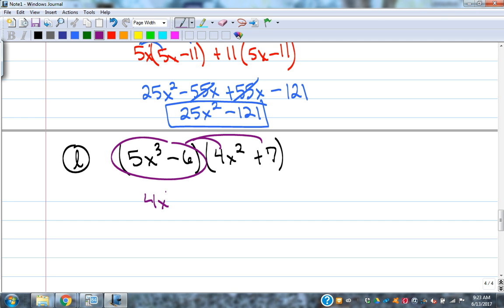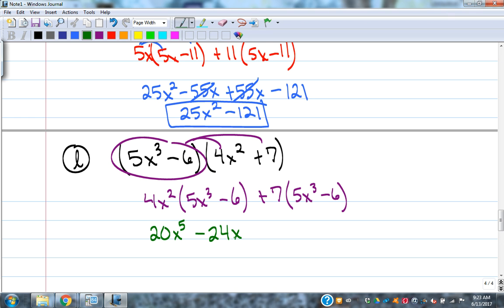So that's 4x squared times 5x cubed minus 6 plus 7 times 5x cubed minus 6. Distribute: 20x to the fifth, because you add exponents, 2 plus 3 is 5. And then minus 24x squared. And on the second one, 7 times 5 is 35x to the third. And then 7 times minus 6 is negative 42.